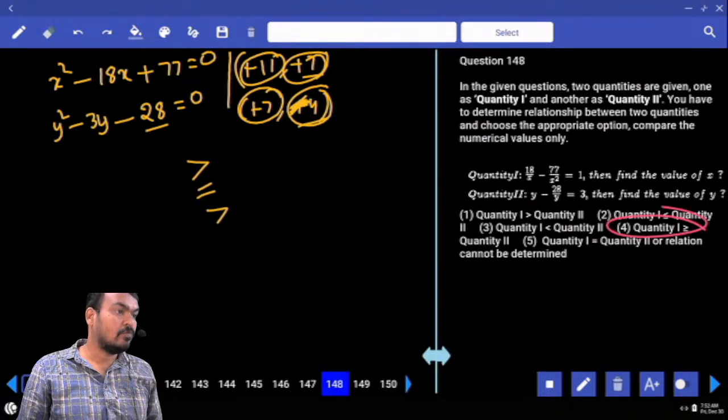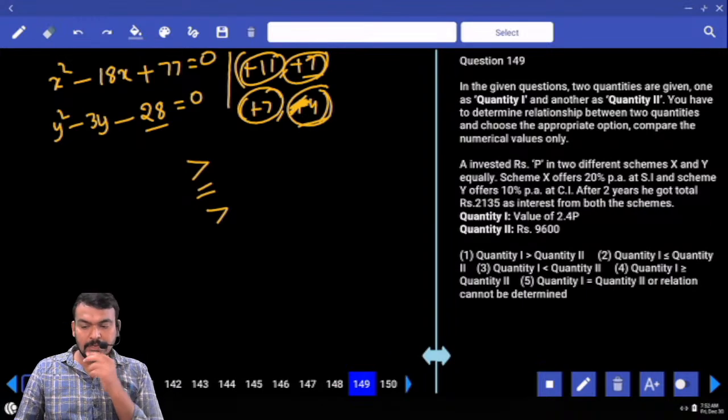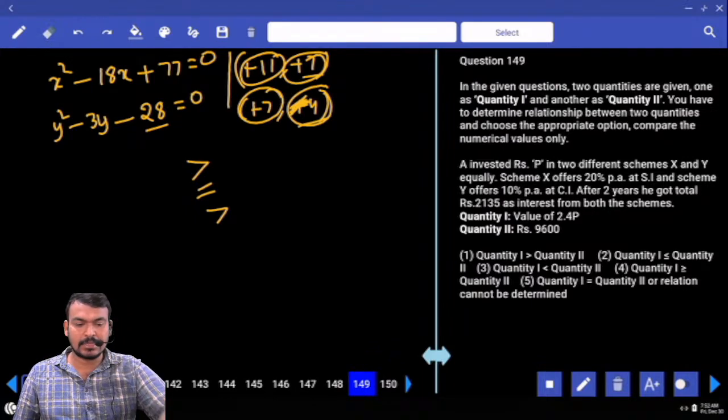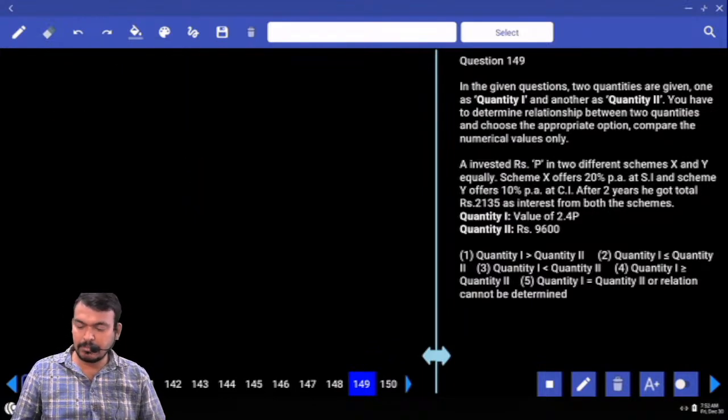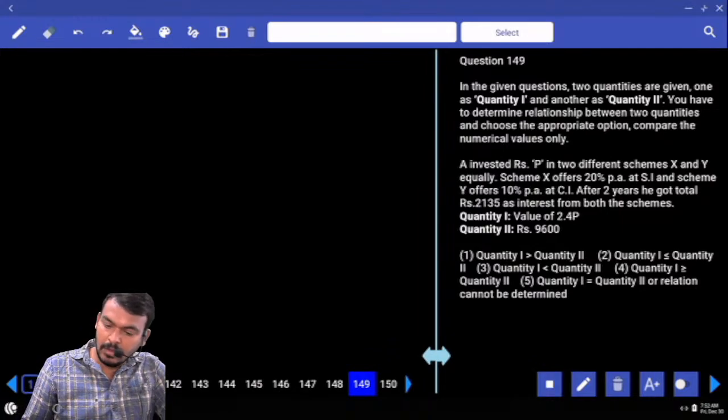Which option? The fourth one. 149. A invested P in two different schemes, X and Y, equally. Scheme X offers 20% per annum at simple interest and scheme Y offers 10% per annum at compound interest. After 2 years, he got a total of 2135 as interest from both schemes.